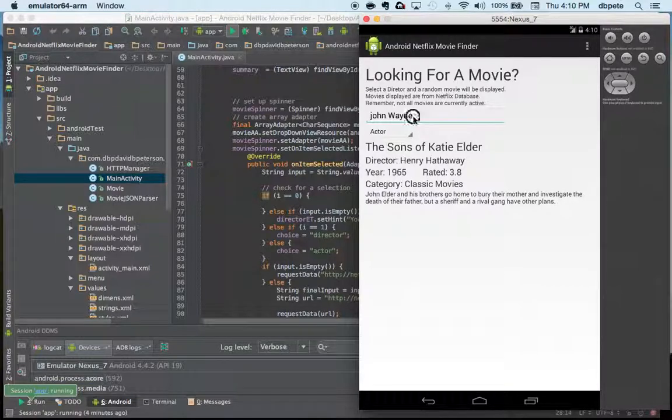So the challenge is sometimes that there is just one movie. So, for example, let's try Dustin Hoffman. Let's see what happens. It's very slow because of the emulator.